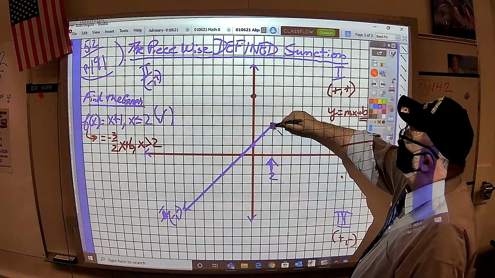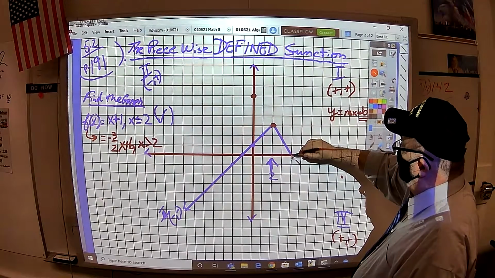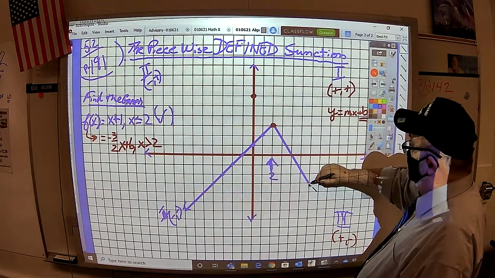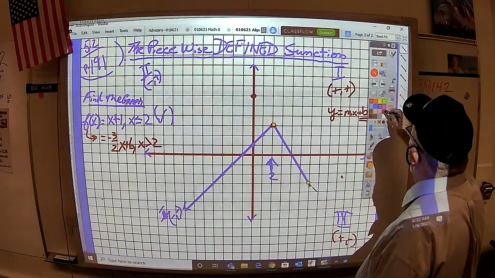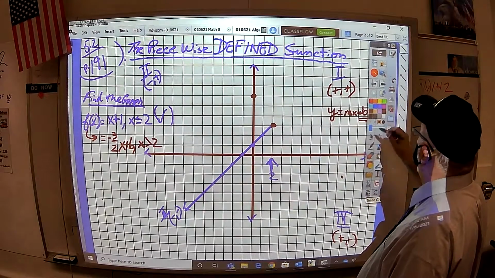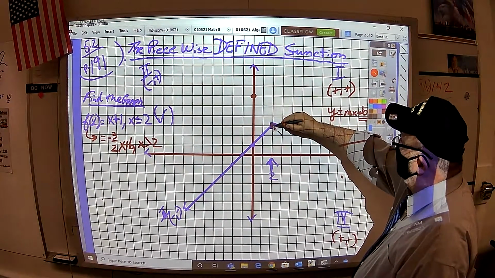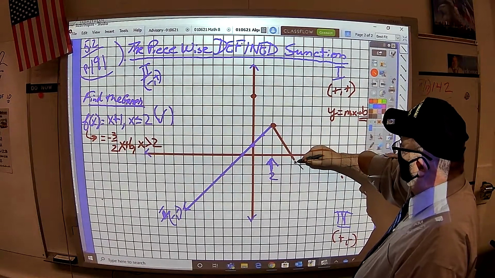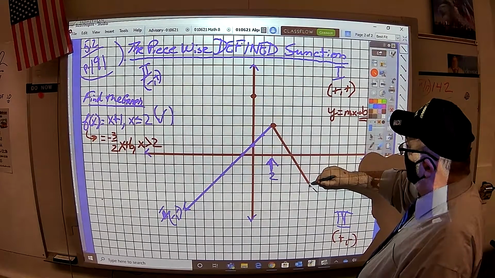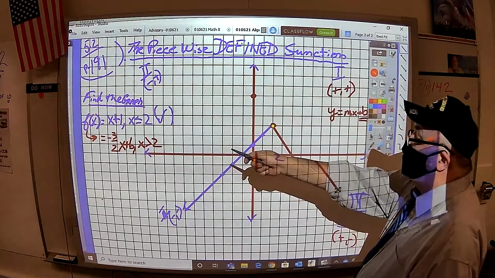I'm going to drop down 3 and go over 2, so it goes to here and to here. I want to use a different color, the color of what I wrote that in. So it's going to look like this. Can you all see that? I'm hoping you can. So x now is greater than 2.